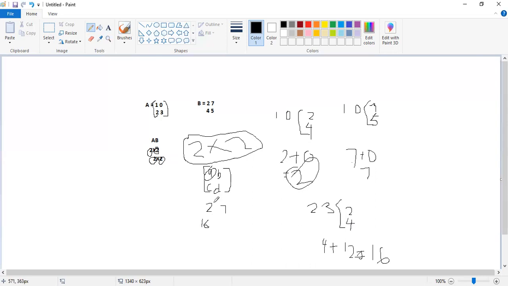Now we do the same for D, which is the second row, second column. So you pick the second row, which is 2 and then 3, and then you pick the second column, which is 7 and 5.